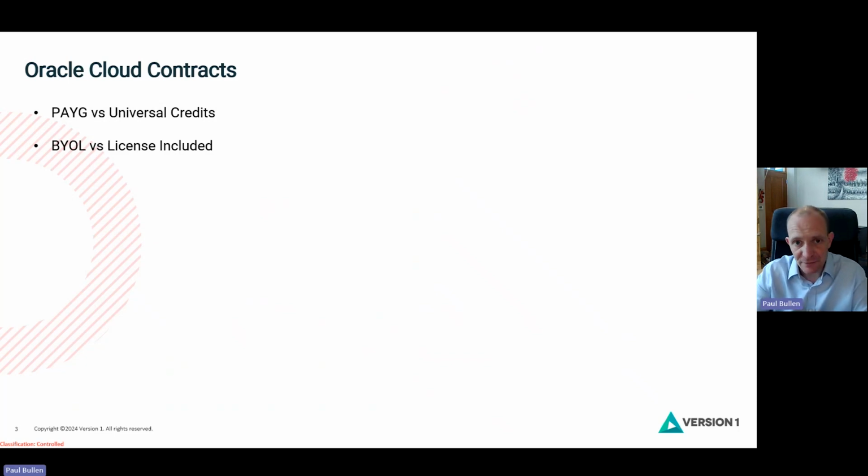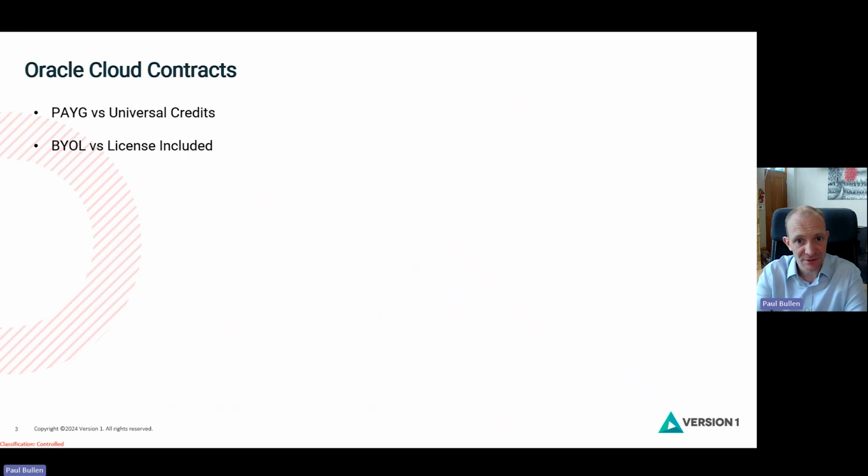I have mentioned this in previous video blogs that we've got, and it's a really important point, so hence the reason we have it here as well. The cost of Oracle licensing way outstrips the cost of any compute service or any of the other resources you can get from Oracle via their cloud infrastructure. And therefore, it's really important you get this right. And obviously, if you need to go out and buy some licenses to cover workloads in Oracle Cloud Infrastructure, then that can be more cost effective.